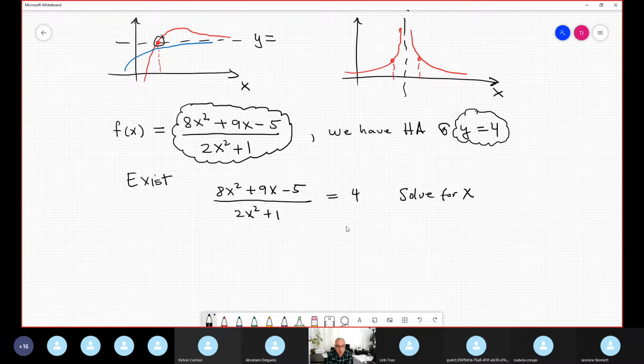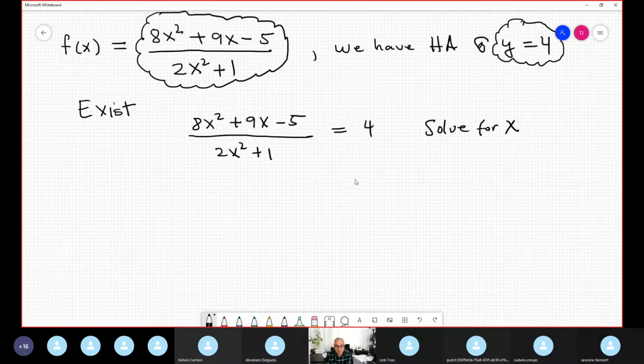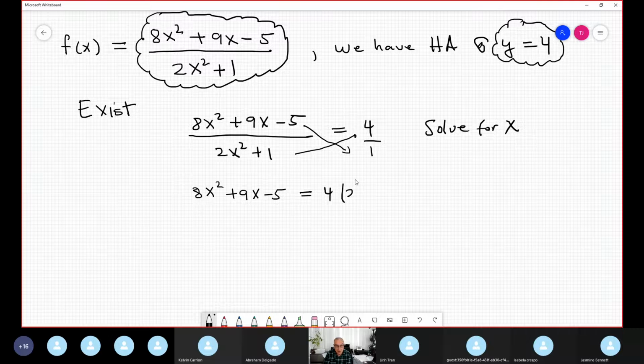To find the solution, you apply cross multiplication. 4 is a whole number, the denominator is 1, so you cross multiply: this guy times this guy, and this guy times this guy. So 8x squared plus 9x minus 5 times 1, one is an invisible multiplier, equals 4 times 2x squared plus 1. This is the equation I need to solve. I try to do my best. 8x squared plus 9x minus 5, and you apply the distributive property here: this is 8x squared plus 4.